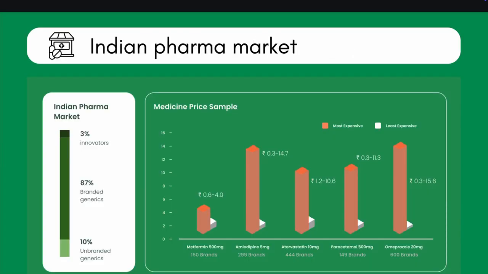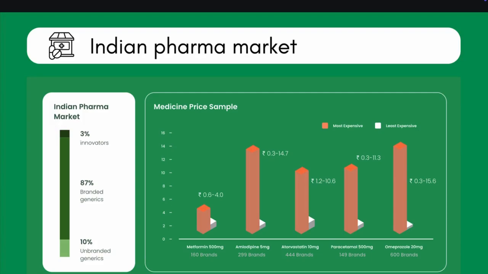So let's talk about the Indian pharma market. In the Indian pharma market, 87% are branded generics. Only 3% are innovator drugs that are sold, and 10% are unbranded generics. So 3% is basically drugs from top companies like Eli Lilly, Pfizer, right?